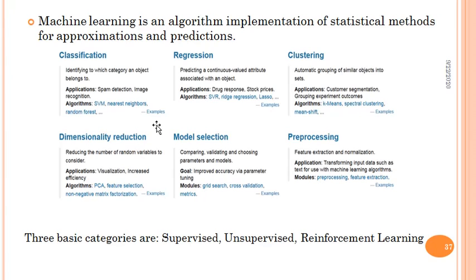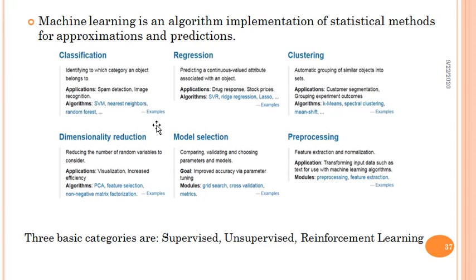For example, if we have three categories x, y, and z, and an object a, we want to see whether a belongs to x, y, or z. So we are trying to identify the class of an unknown instance. This is the basic target of classification.